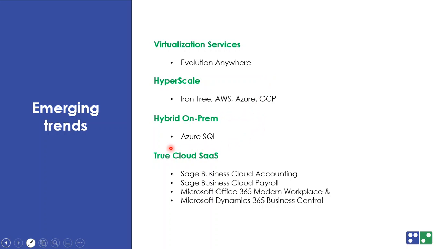We've got hybrid on-prem, and that's maybe a bit of a misnomer after you understand everything we've just covered, but this is where we can use function as a service. So for example, install Sage Evolution or Sage 200, but keep the SQL database in a true cloud function as a service. Really cool solution, and it gives us that database redundancy. And then we've got our true cloud SaaS, which we now spoke about.